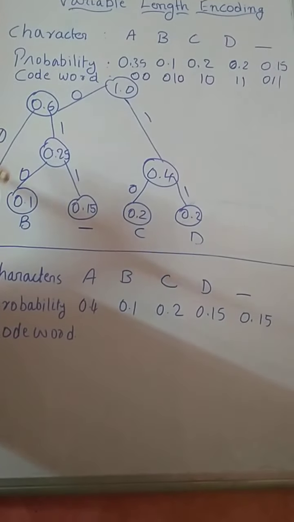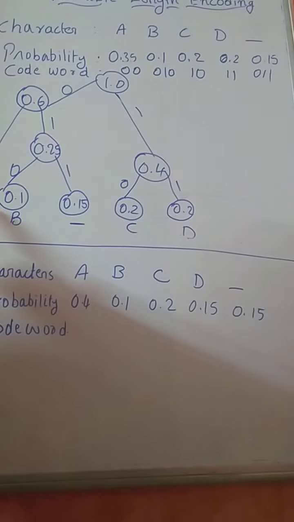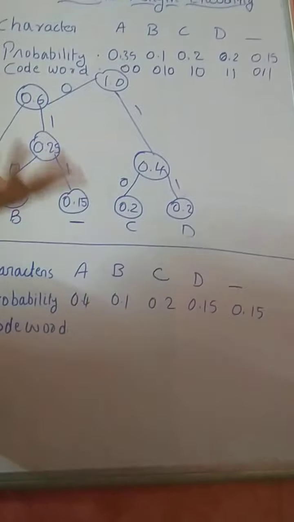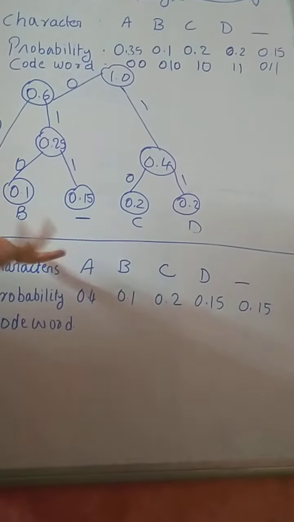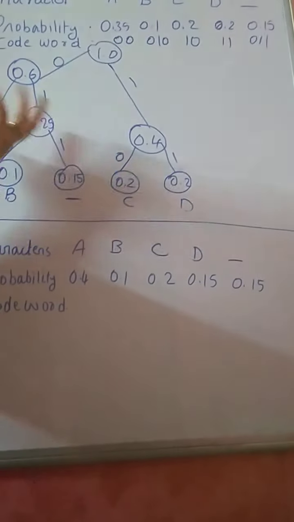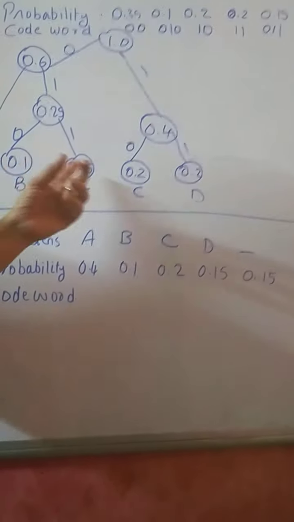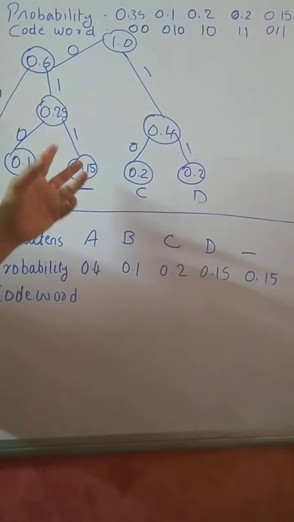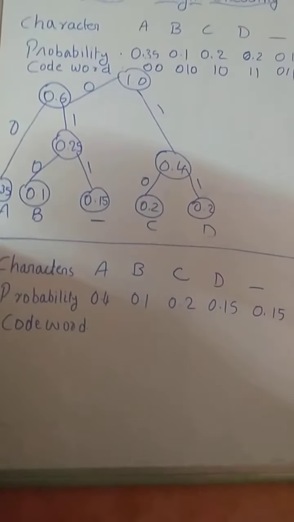Okay, got it. So initially, for each of the characters, take one leaf node. Each one of them is nothing but a tree now. Now consider the subtrees with the least probability, add them to construct one single tree, and their root node value will be the sum of those two nodes. Like that you continue till you get the probability as 1.